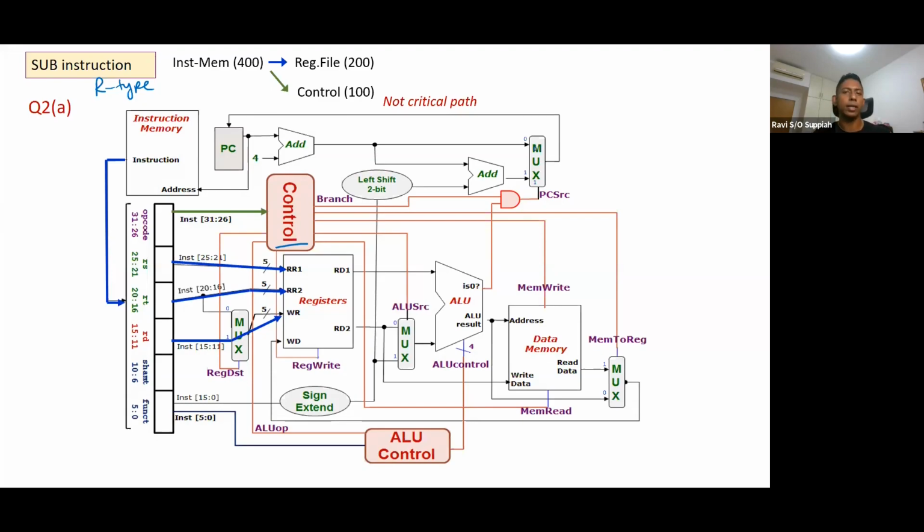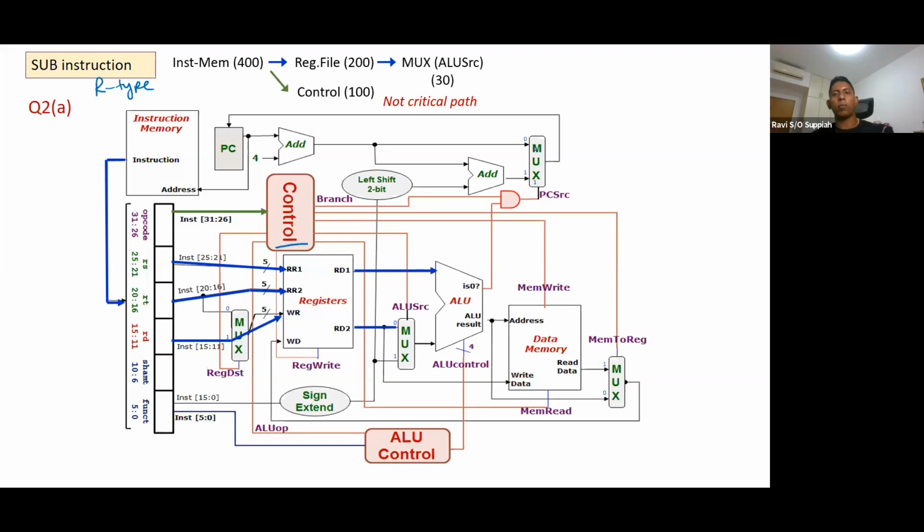So the time it takes for the control block to complete and generate all the signals is much less than the time it takes for the register file to give me the data at RD1 and RD2. That is why we say the control block is not on a critical path. What you want to do is take the worst case scenario of all the different pathways in order to complete this instruction.